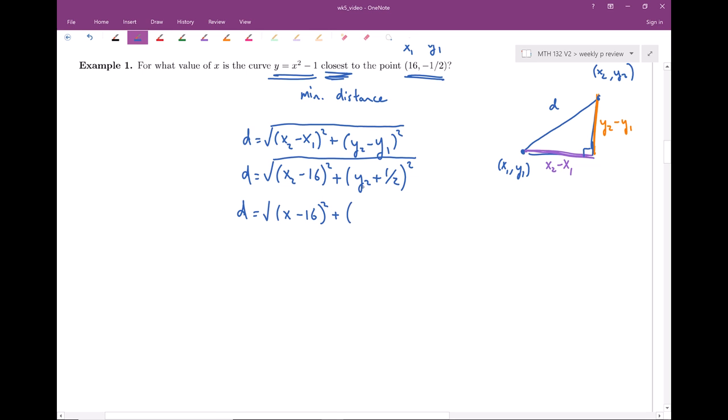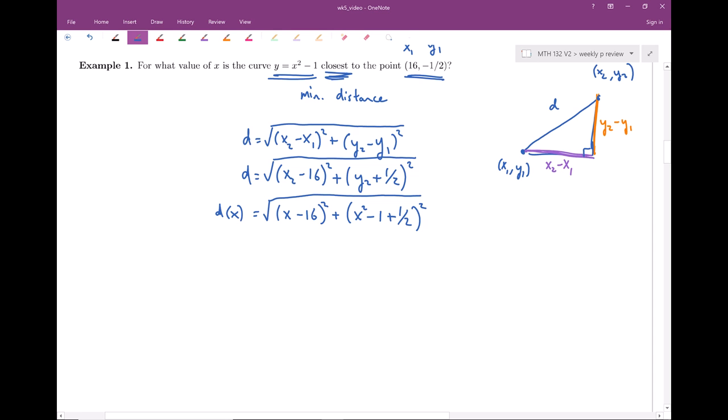And if y2 is a point on this curve as well, then I know y is going to be equal to x squared minus 1. So I can go ahead and substitute that in. Now I have a distance formula that only relies on one variable, only on x. So in fact, we could call this d of x, the distance that only relies on x.